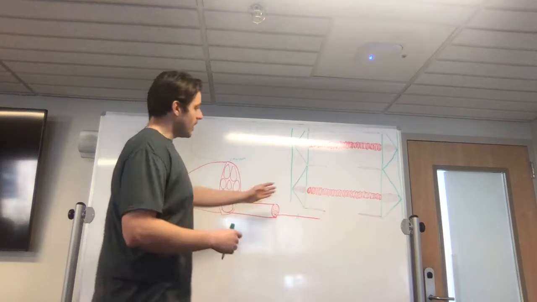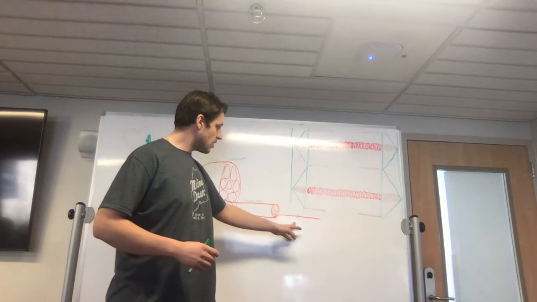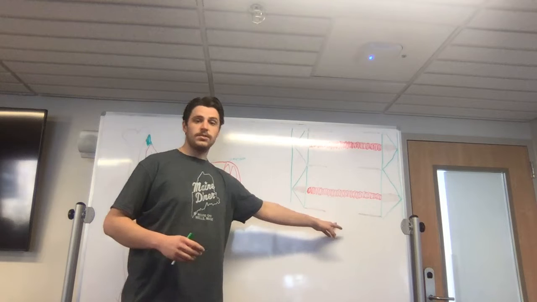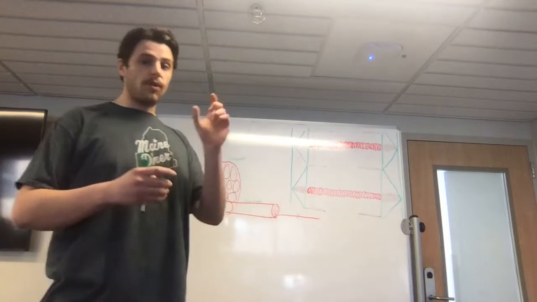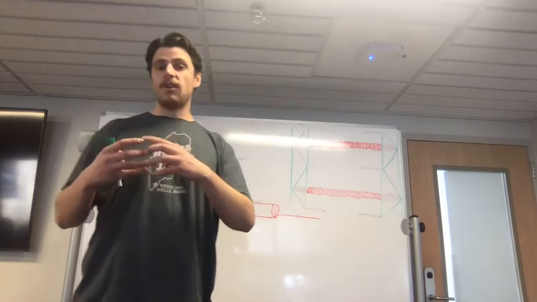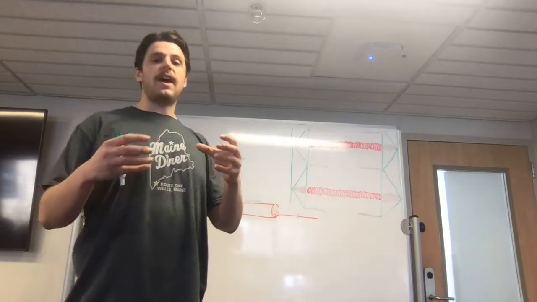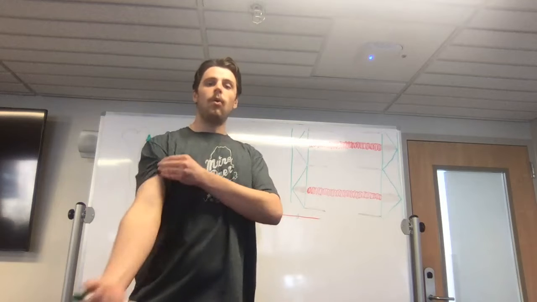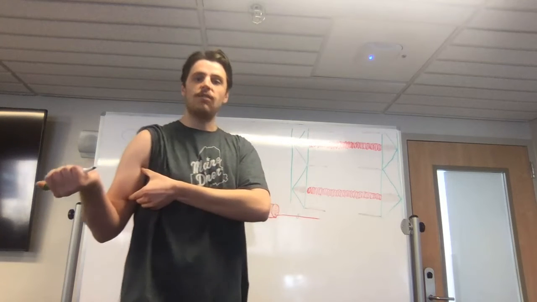And so you'll have repeating units of sarcomeres all throughout this muscle fiber. It's those repeated subunits of sarcomeres that all contract, and that is what causes, roll up the sleeve here, the contraction of the whole muscle.